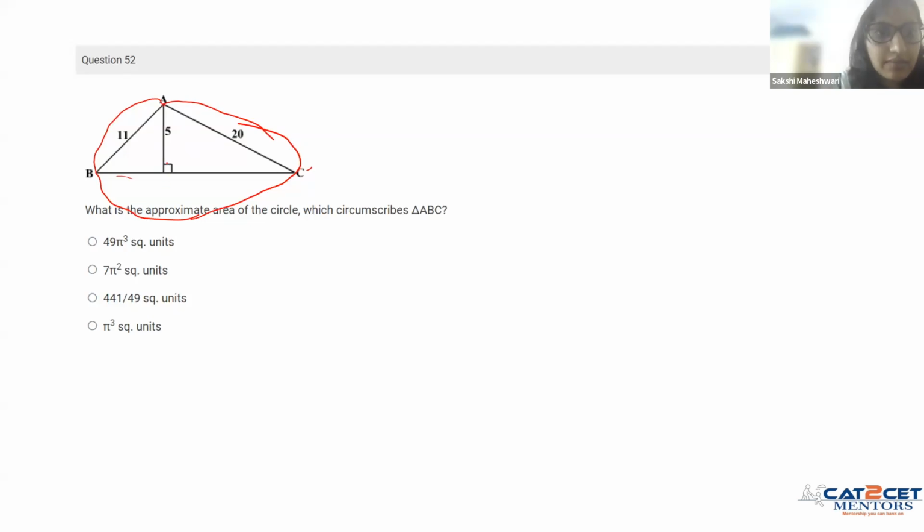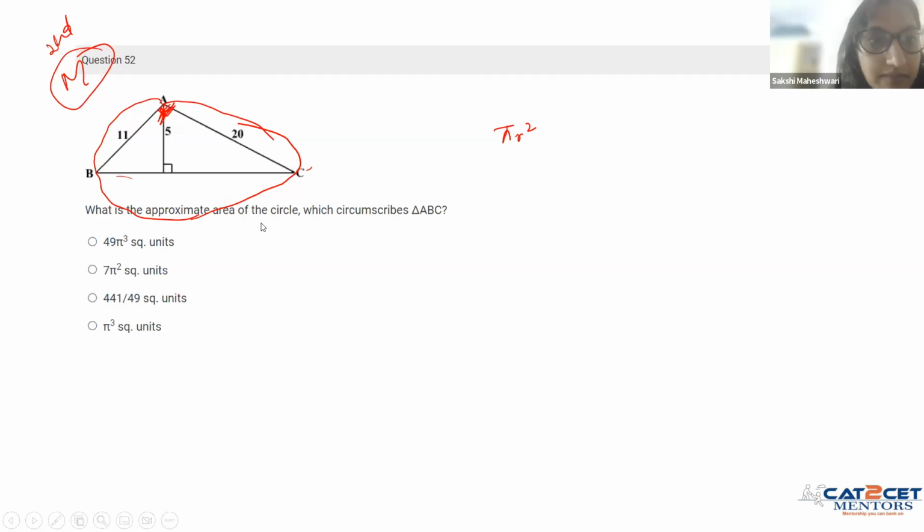For triangle ABC, this will not be a right angle, sorry, my bad. We need to find pi r squared. This seems like a typical question at first, so don't go for it in first round. Let's come back later.